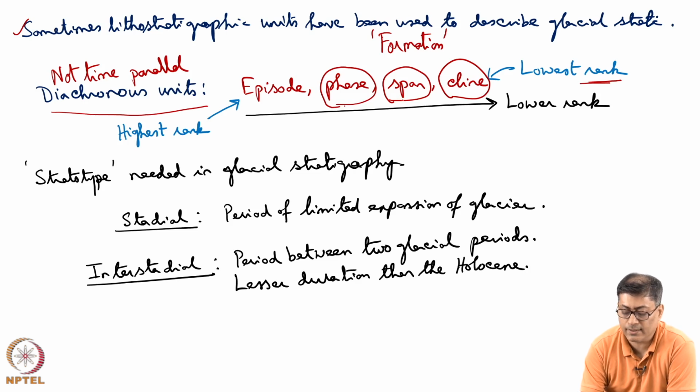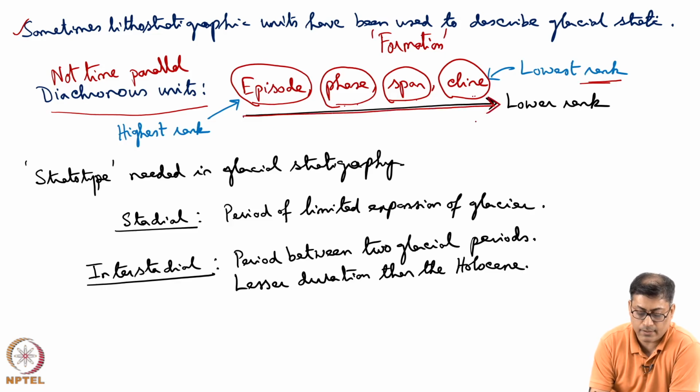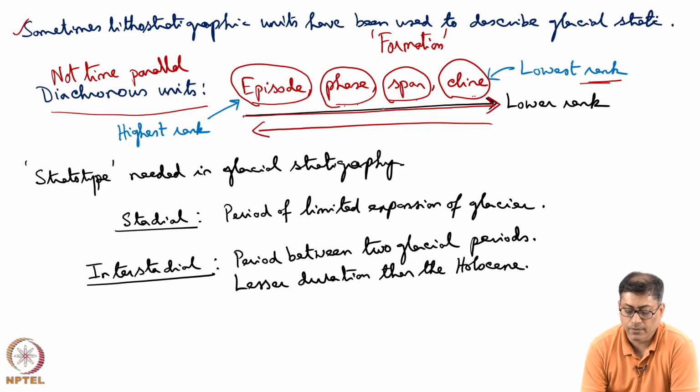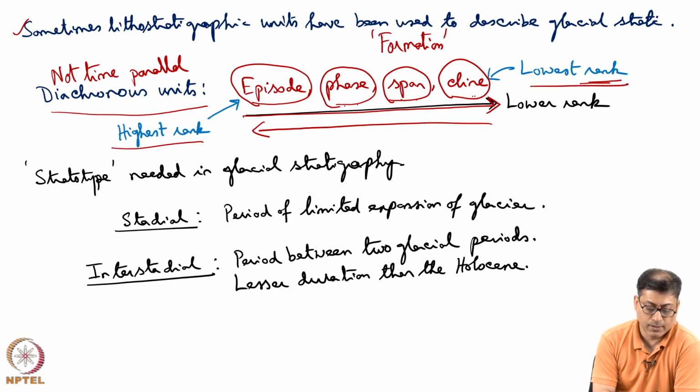Phase is a higher rank than span and cline. Several phases can define one episode. Episode is of higher rank than phase, than span, and also than cline. So this way the arrow shows the lower ranks, and if I draw an arrow this way, it represents the higher ranks. We are not commenting on whether span or phase is comparable with formation.